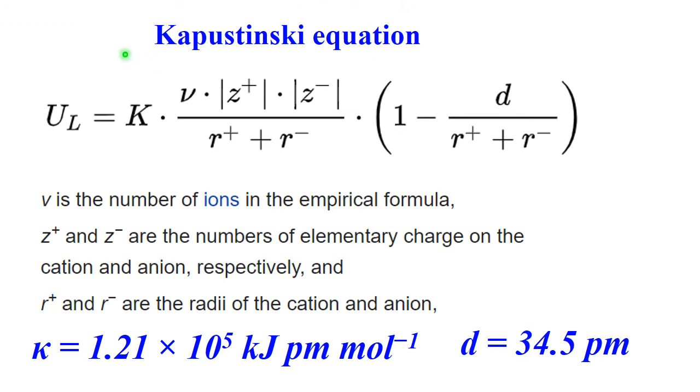This was done some 60 years ago by Kapustinsky, who empirically derived that if you put a constant k, the number of ions in the empirical formula, of course the charge of positive, the charge of negative, so say +1, -1, and add the radius of cation, the radius of anion, and then make a correction term which will be 1 minus, again a constant, a relatively small number, divided by the sum of radius of cation plus anion.